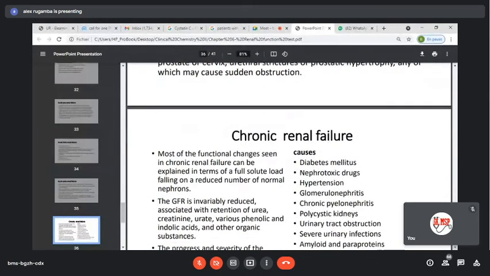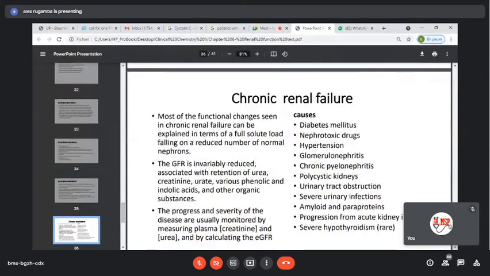So what causes chronic renal failure? Chronic renal failure may be caused by infection, by drugs, by inflammation, by urinary tract obstruction, and by severe urinary infections. I told you, in case of bladder infection or parasite infection, it may cause chronic bleeding.